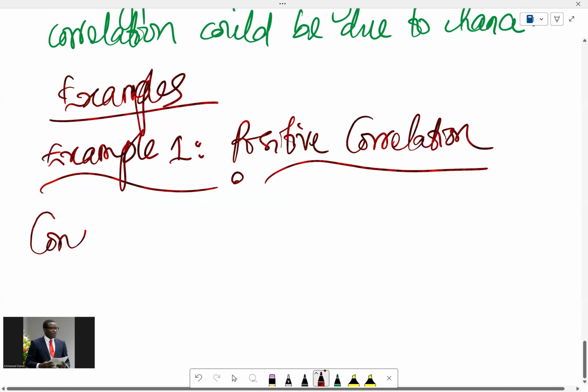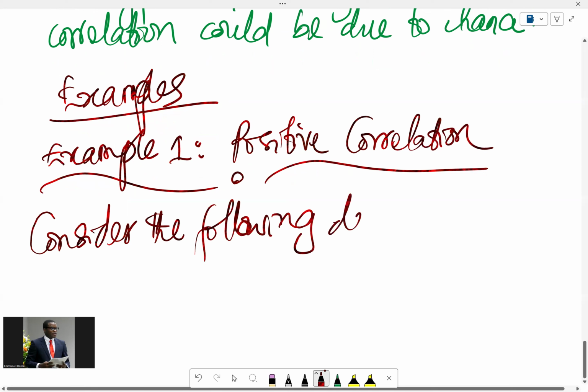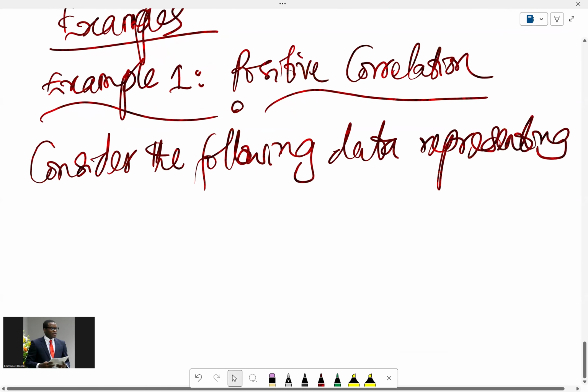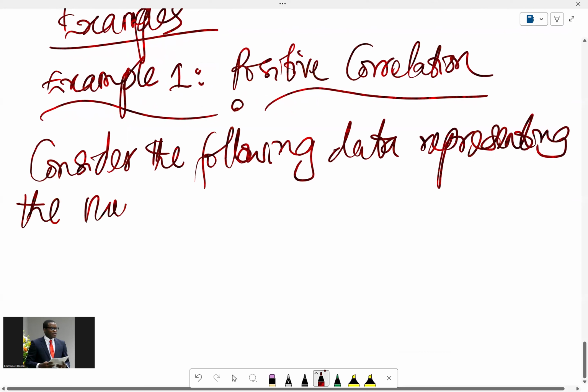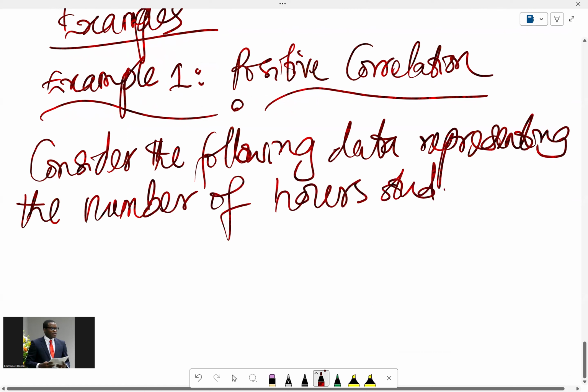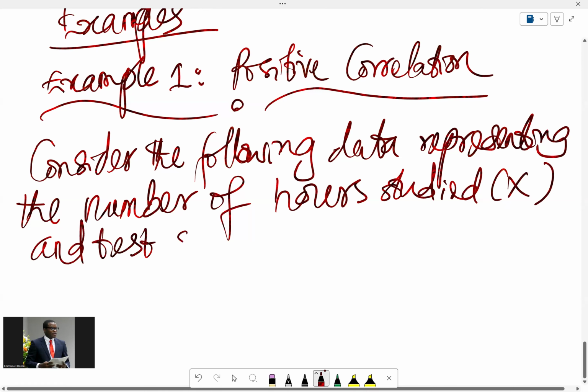So consider the following data representing the number of hours studied, which is X, and test scores, which is Y.